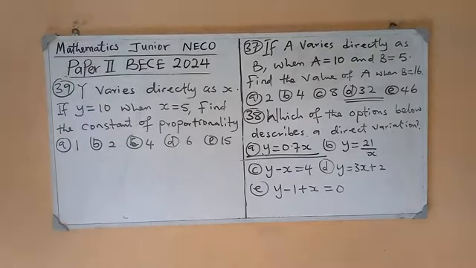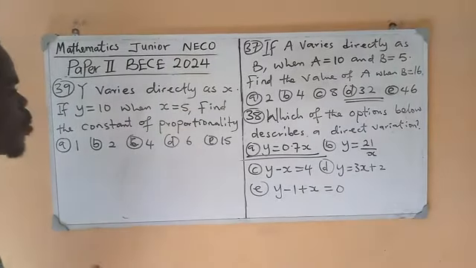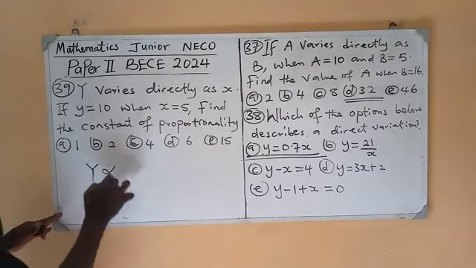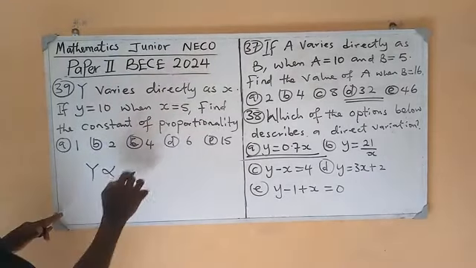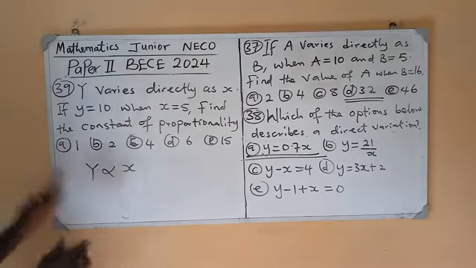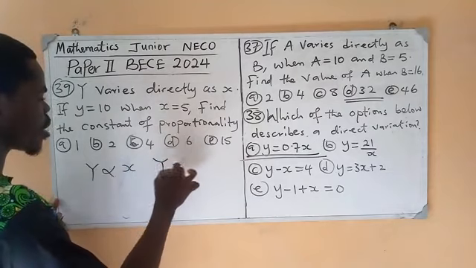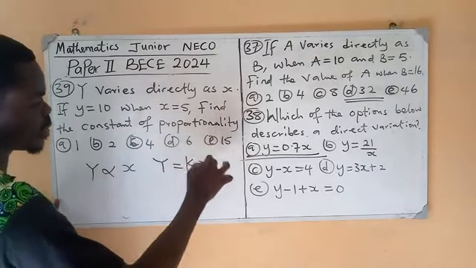Alright, so y varies directly as x. If y is 10 and x is 5, we are asked to find the constant of proportionality. The relationship will be y is equal to kx.